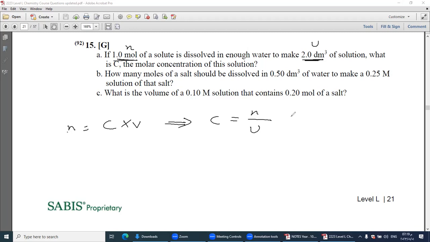Number of moles is 1 over 2, which equals 0.5. Concentration is 0.5 molar. Number B, complete.